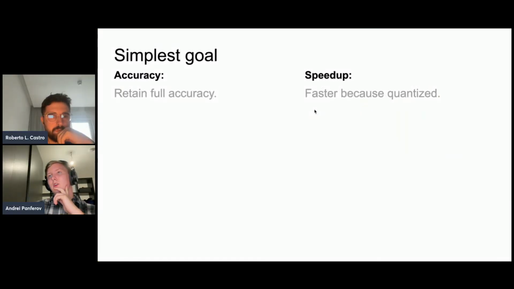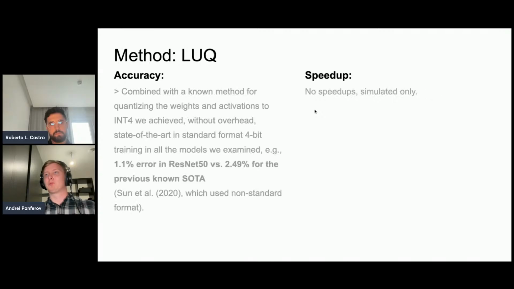And in general, the simplest thing that we might want to do when designing a low precision training method, the simplest way we can demonstrate its optimality, is just to demonstrate that it loses no accuracy while providing speedups. And in practice, many of the recent papers that proposed new low precision training methods showed exactly that, where they just aimed to show that they almost don't lose any accuracy, or that how much they lose isn't statistically significant, or is much less than you would lose from otherwise small perturbations in your data.